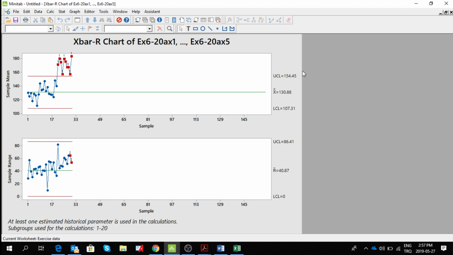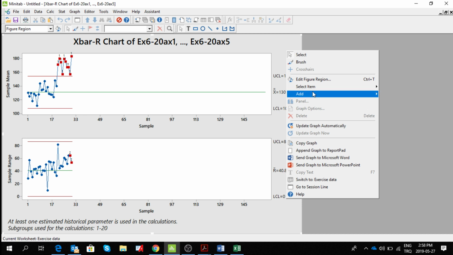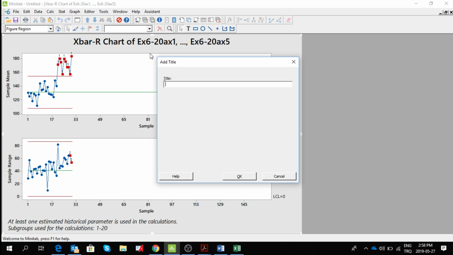Okay, so I'm going to give it a title. I'm going to say output control charts after adding 10 more samples.